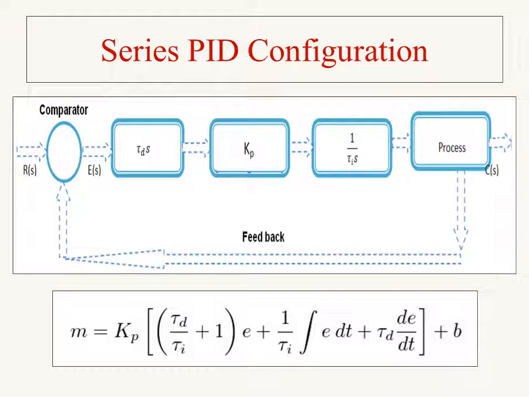Tau d is the derivative constant, tau I is the integral constant, E being the error, tau d that is derivative time, then dE by dt, that is the rate of error. So we can have the input as the error and the output as the controller output, that is M. So that is the characteristic equation for the series PID configuration.